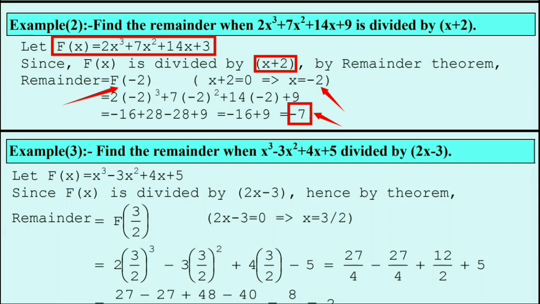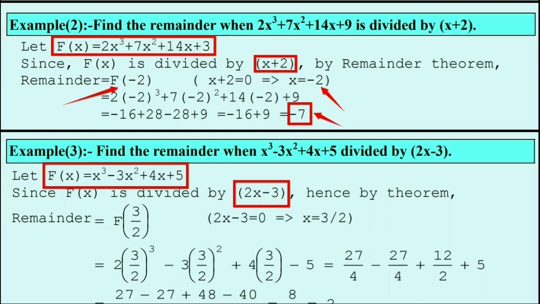Let's take one more example, example number 3, where the divisor is 2x minus 3. Now to make 2x minus 3 zero, we need to replace x with 3 by 2 in the given dividend, which is named as f(x) here again, and the same process is continued as is done in the above example.